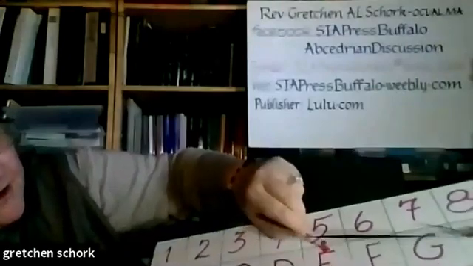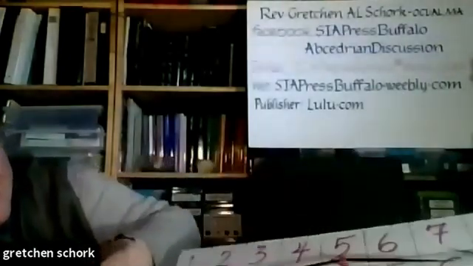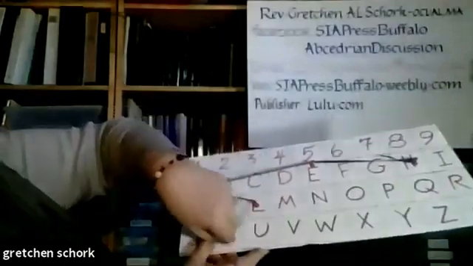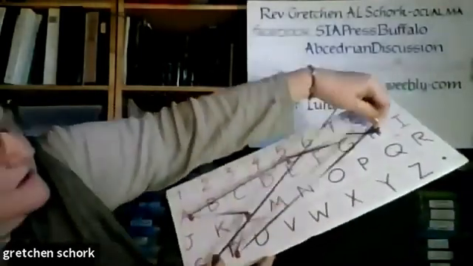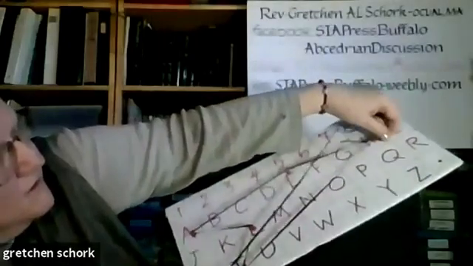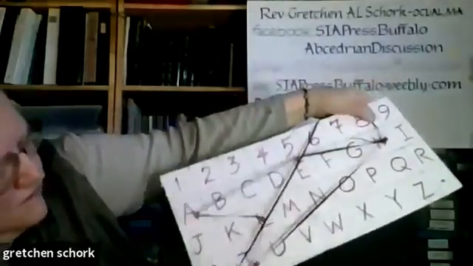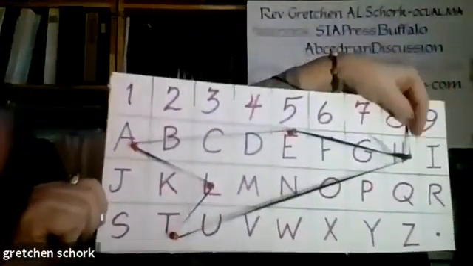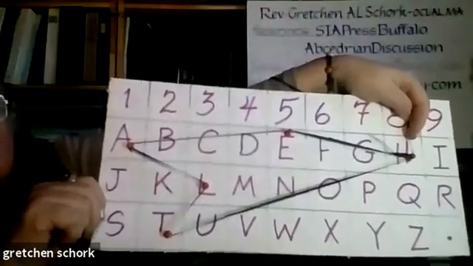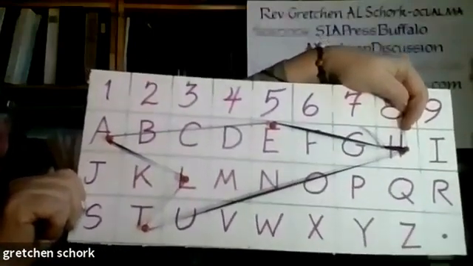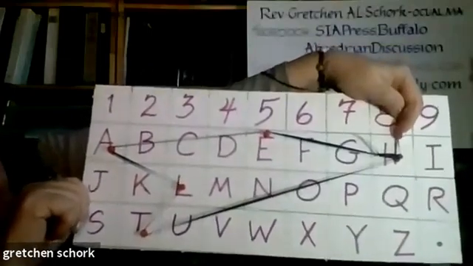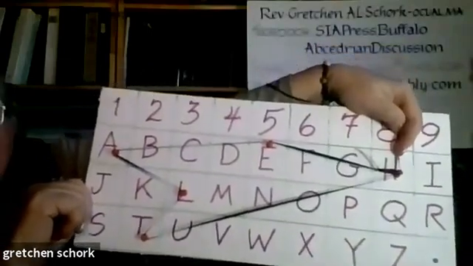So then we hook up our ribbon. H, E, A, L, T, H. Now notice that for the sigil I use the exact same method. First, I identified where my letters are, and then I put the ribbon to indicate the line.